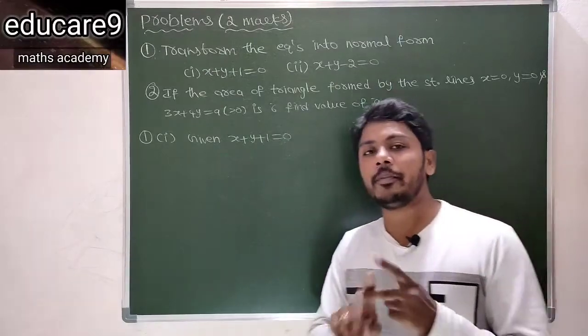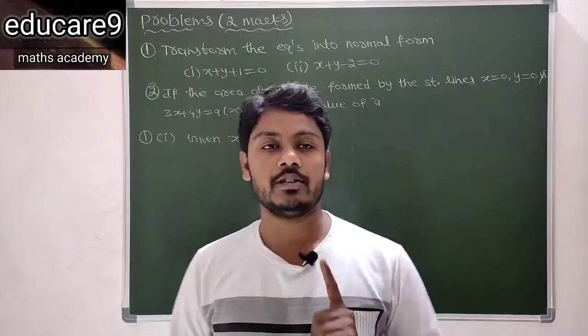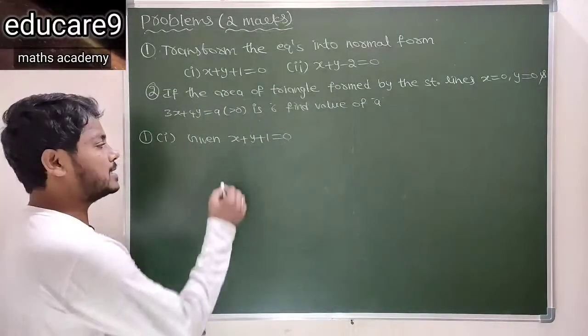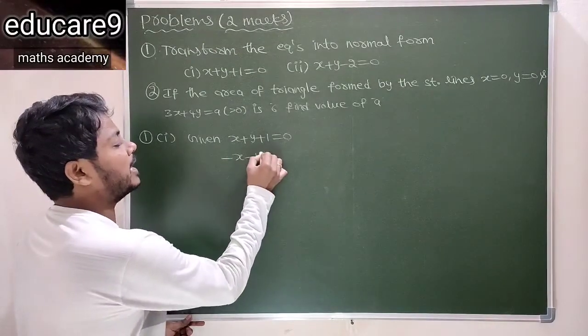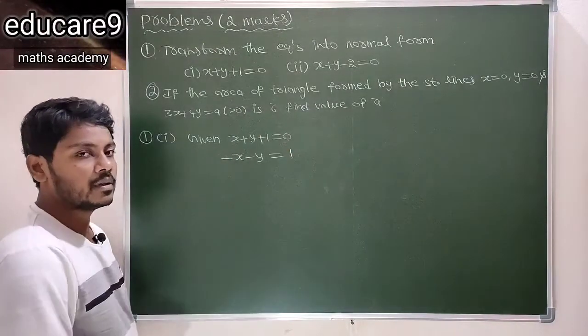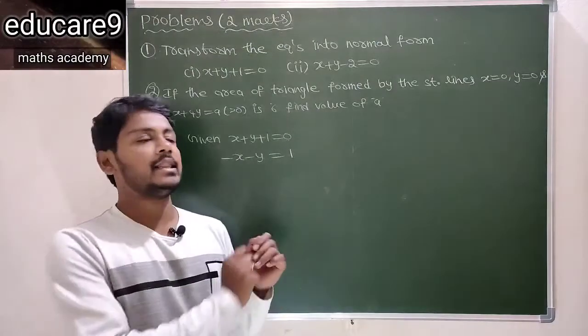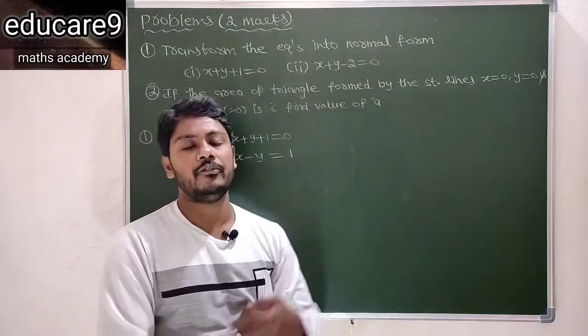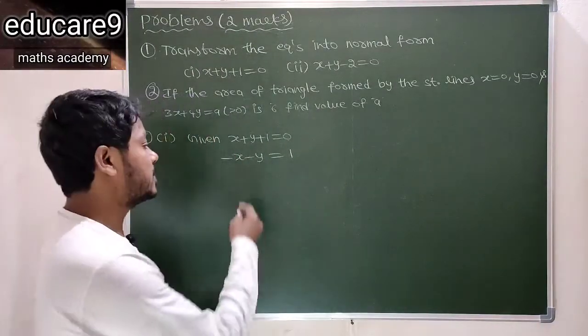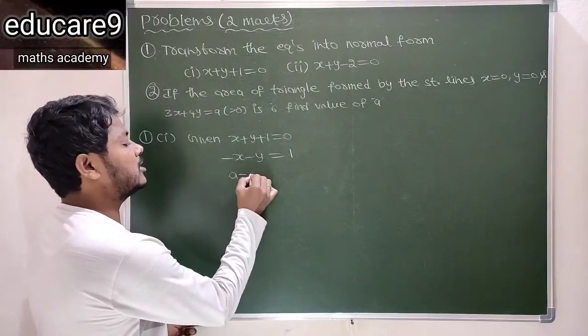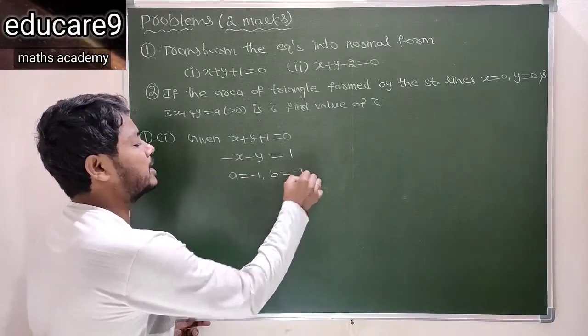First, we have to make the RHS positive. So this can be written as minus x minus y is equal to 1. Now we have to divide this equation by the square root of a square plus b square. Clearly a is equal to minus 1 and b is equal to minus 1.